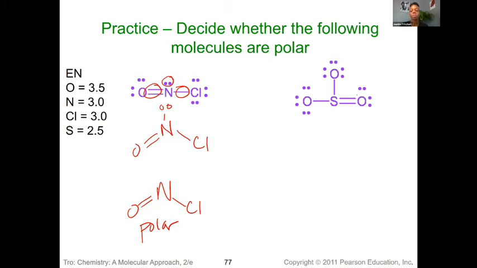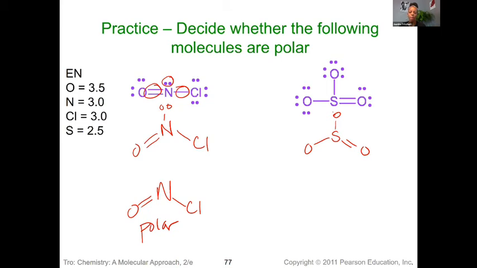For the SO3 2- example that's shown here, in this case, we would have 0 lone pairs, 3 bonding regions. So this would be trigonal planar for both the electron and molecular geometry. And in this case here, we do not have different atoms that are surrounding the central atom.